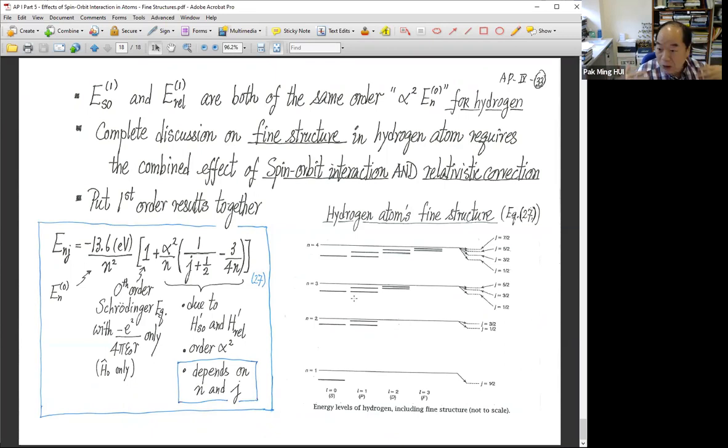We couldn't introduce you more to the Dirac equation because it's out of the scope of this course. Nonetheless, it is good to know that there is a relativistically consistent equation that gives out this correction term. So now that is the prediction.